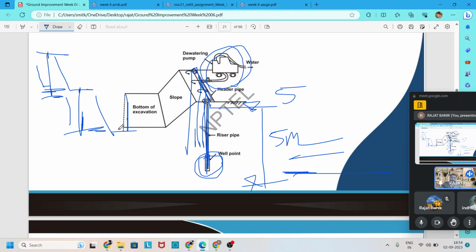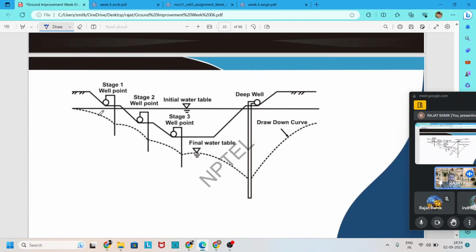And again, if we want to reduce the groundwater table, we excavate up to that, and another stage of well points is incorporated, and we reduce the groundwater table further. We already discussed this arrangement: first the original groundwater is here, and after that the groundwater table is lowered up to that much.